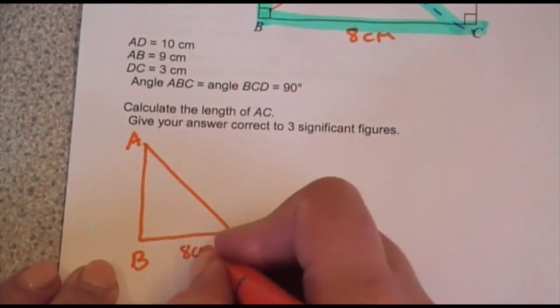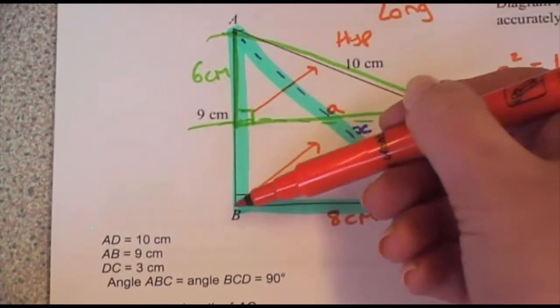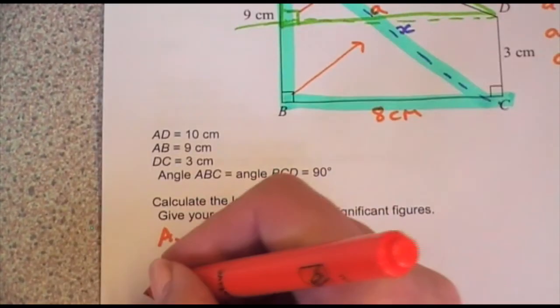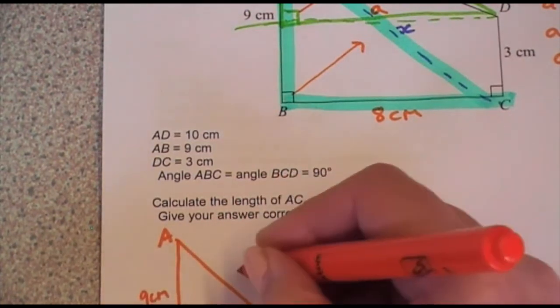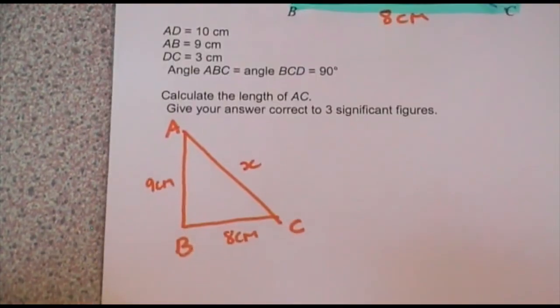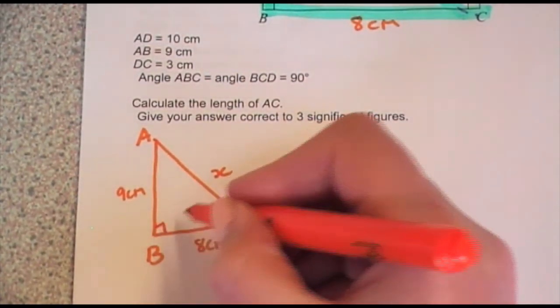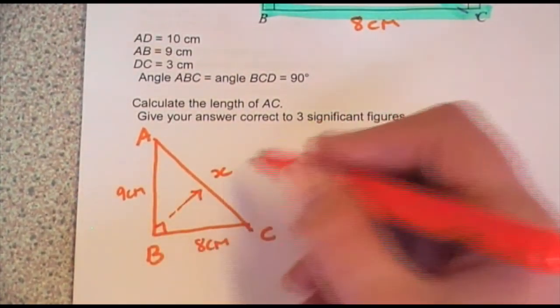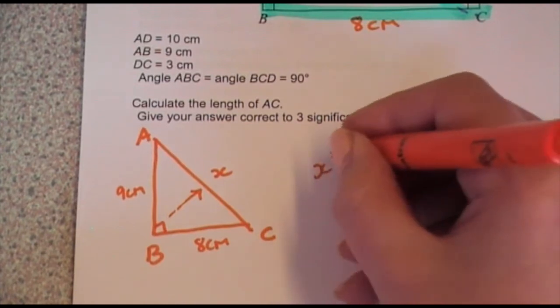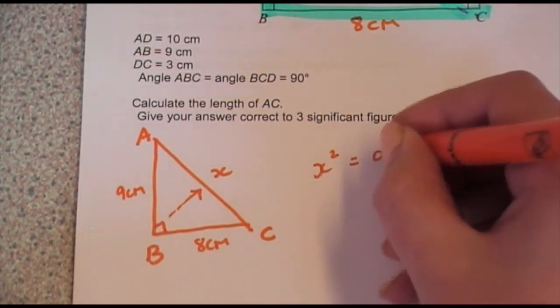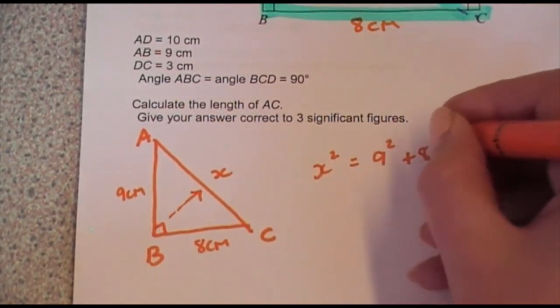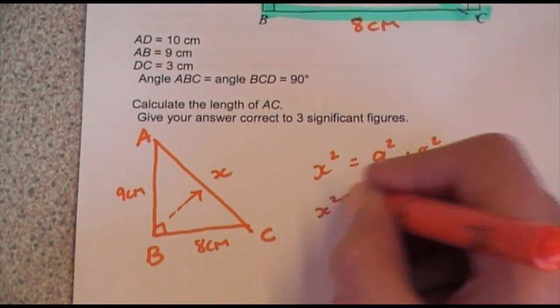BC, I said, was 8 centimeters. BA is 9 centimeters. And AC is X. So now I can just use Pythagoras to find the longest side, which is the X. So X squared equals 9 squared plus 8 squared.